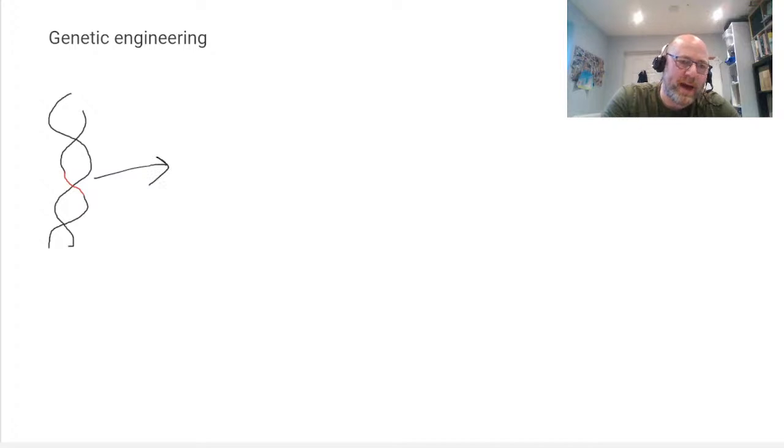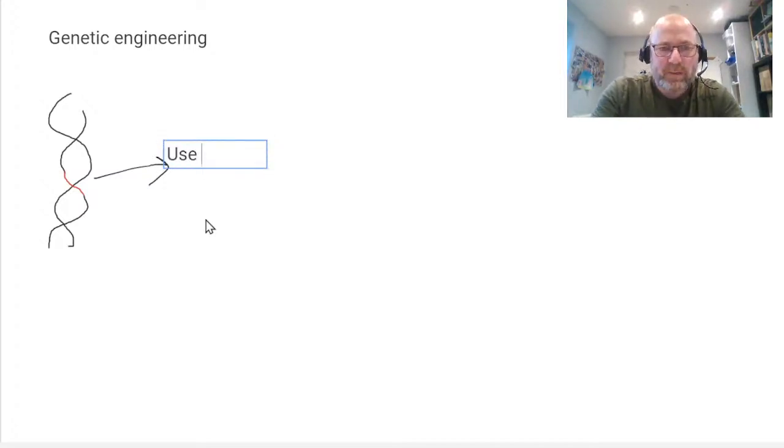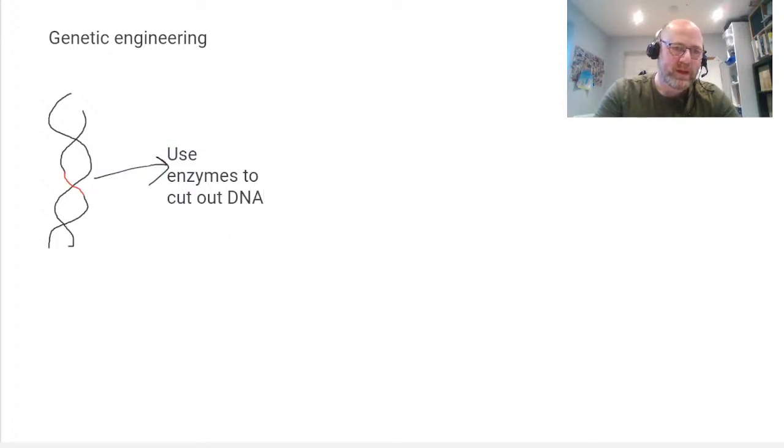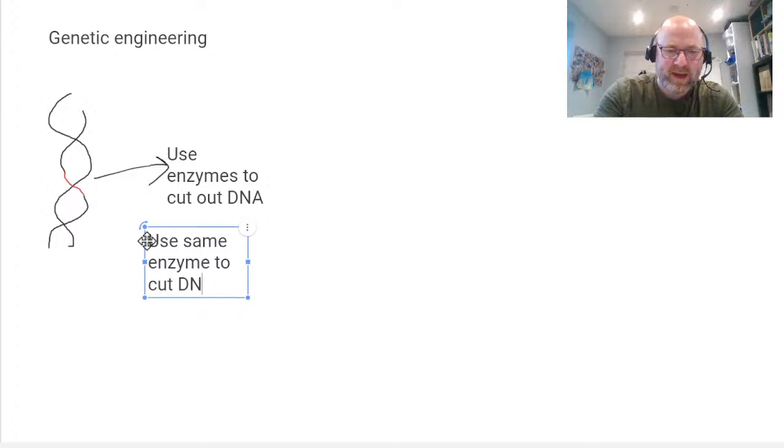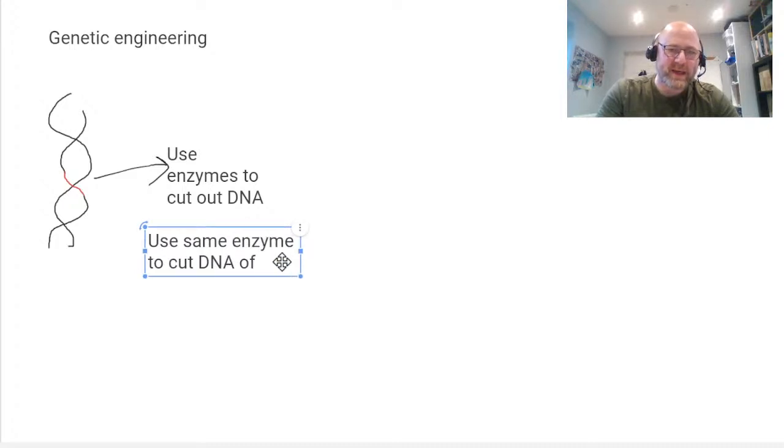Now, depending on your exam board, if you're a GCSE person, you need to know they're called restriction enzymes. But you can just say use enzymes to cut. If you're doing AQA, use enzymes to cut out DNA. Then use the same enzyme to cut DNA of the organism.